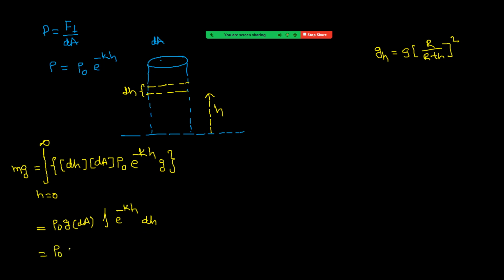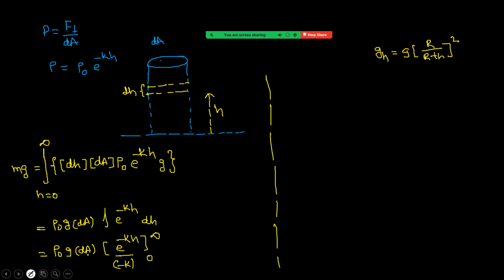Now see the calculation: rho naught g dA, integration of this is e power minus kh upon minus k, with limits 0 to infinity. I'm calculating directly mg upon dA because that is what we want to calculate. So pressure P at sea level is equal to mg upon dA, normal force per unit area.